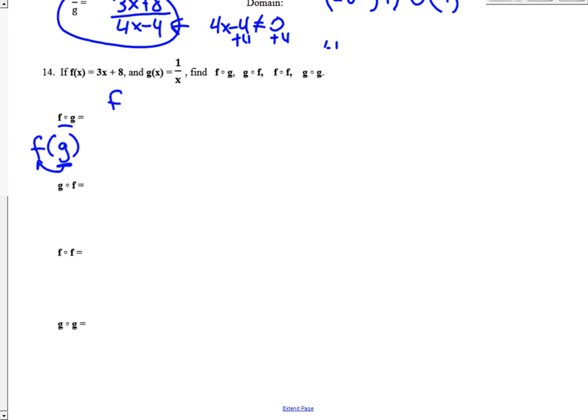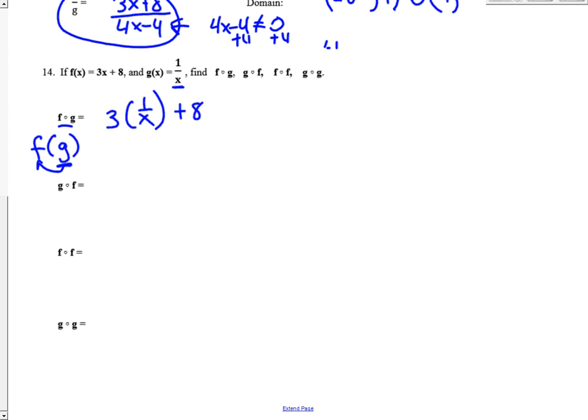Just like if we had f of 2, you would take this 2 and you would plug it in for x and get 3 times 2 plus 8. Well, instead of a number, we are plugging in the expression of 1 over x. So we put in the 1 over x in for the x when we are talking about the f function.